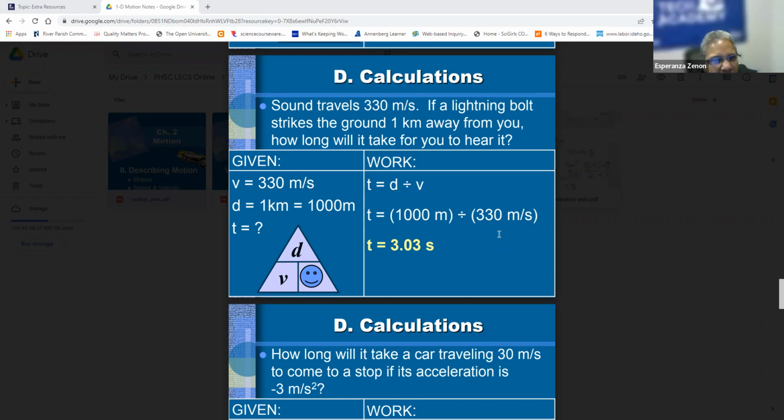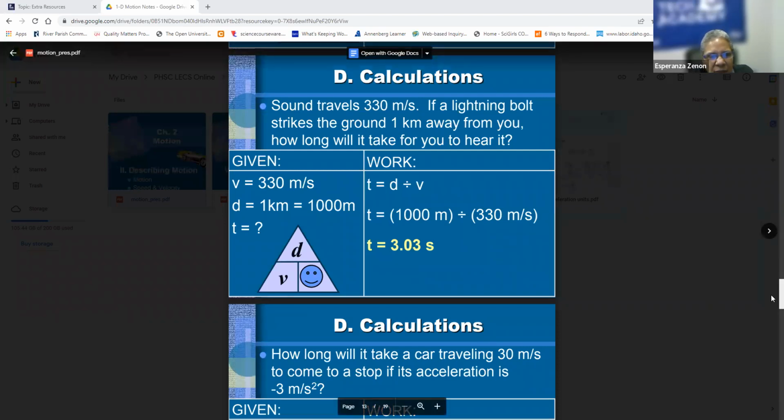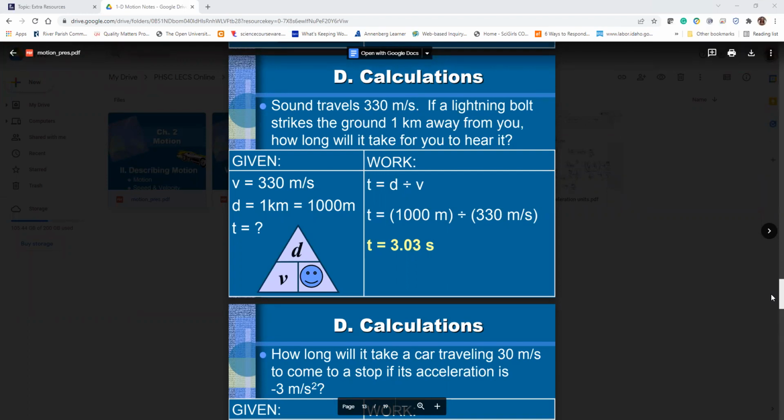So you have to pay attention to that, right? The meters per second is being divided by, it's in the bottom, so the meters cancel out and you're left with seconds. But if you're finding time, that has to be your unit, right? You can't be having anything else but seconds in this case. Does this problem make sense to you? Yes, ma'am. Thank you. All right.